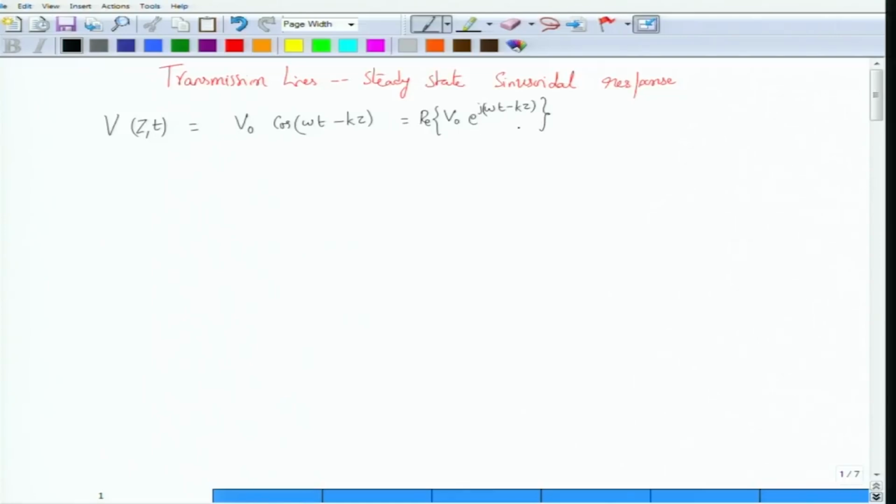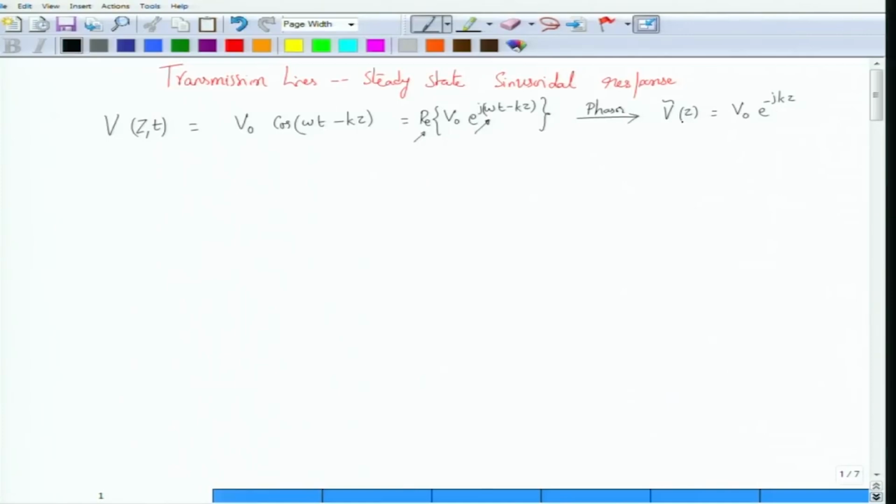V0 we will assume to be real, and then we have a shorthand notation which we call a phasor, and this phasor drops the term for e power j omega t as well as this real part, okay. So the phasor for this one is basically the amplitude. In this case the amplitude is actually changing with z, that is along the transmission line, and therefore your phasors are complex numbers which are functions of z as well.